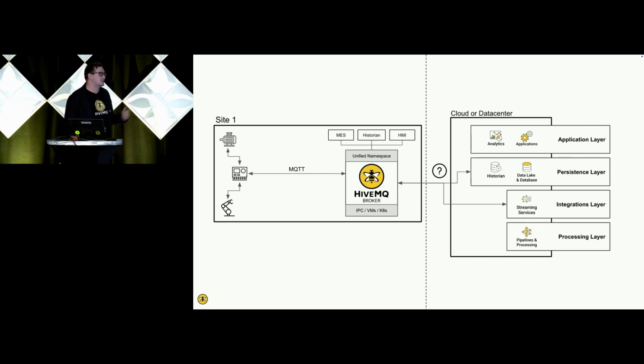As Walker was so generous to say at the start, if you're looking for a broker, there are a wide variety of brokers out there available to you. If you're looking for an enterprise-ready broker, HiveMQ is very likely the choice for building the foundation of your unified namespace. I'll touch more on all of the different things that are required to build a unified namespace, because it isn't just an MQTT broker. I think we've all realized over time that you can't just use an MQTT broker for that. As much as we'd love that to be true, it just isn't.